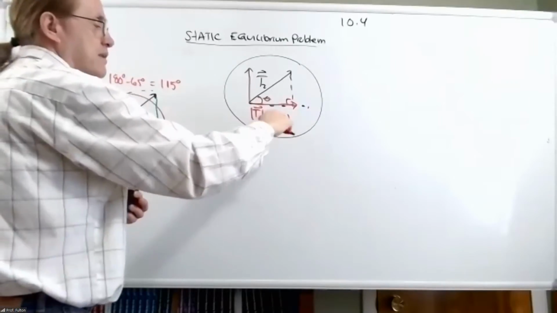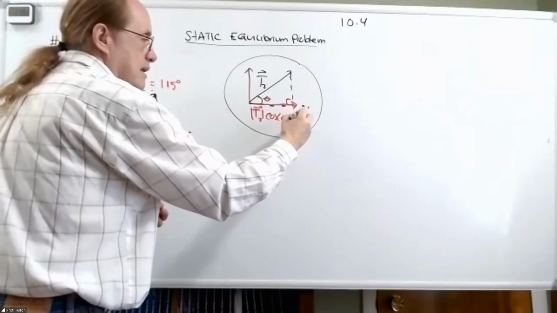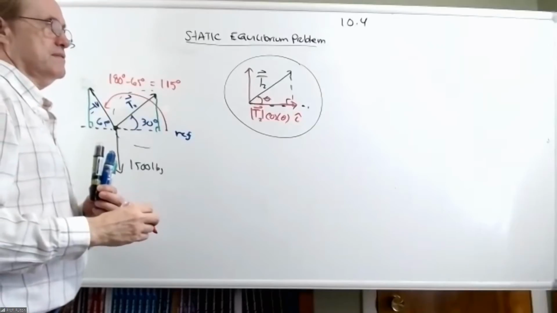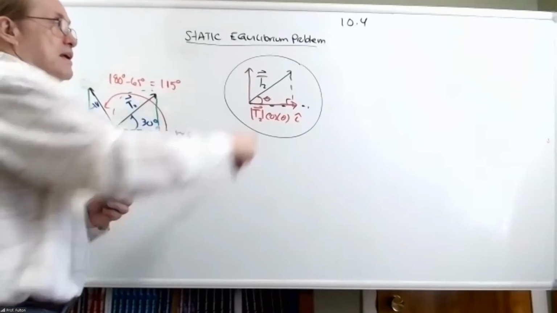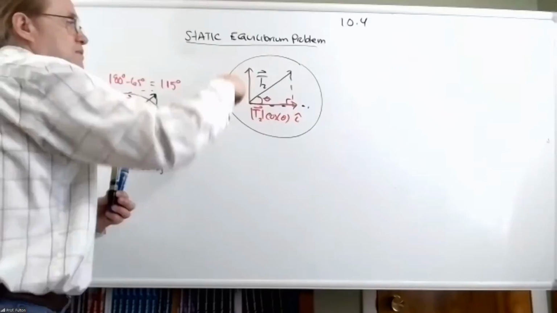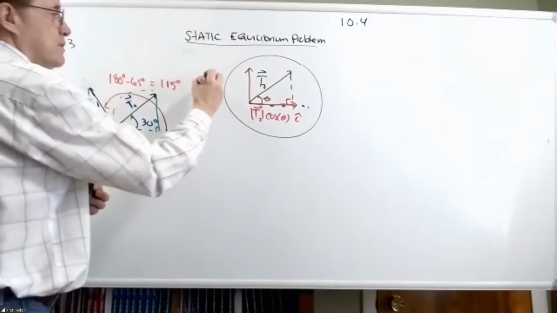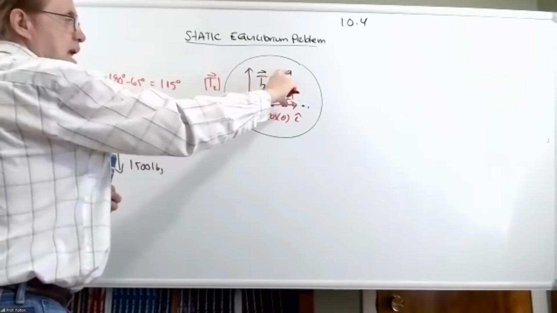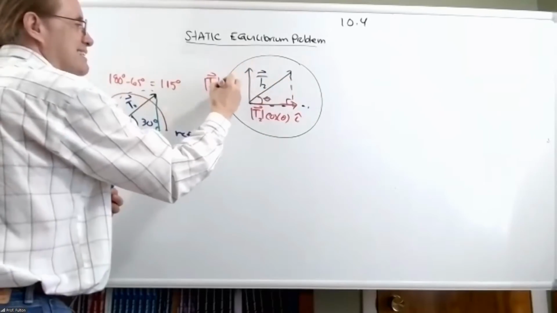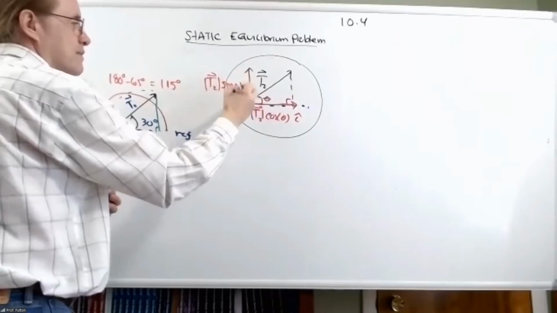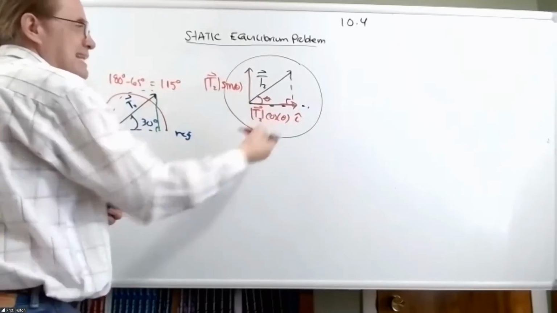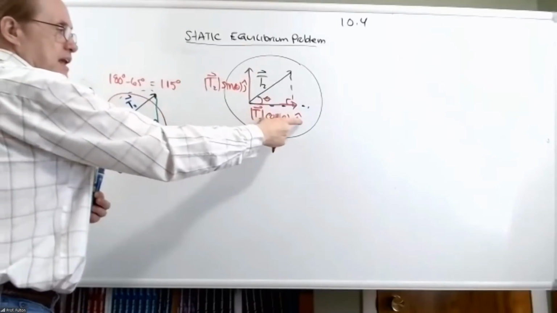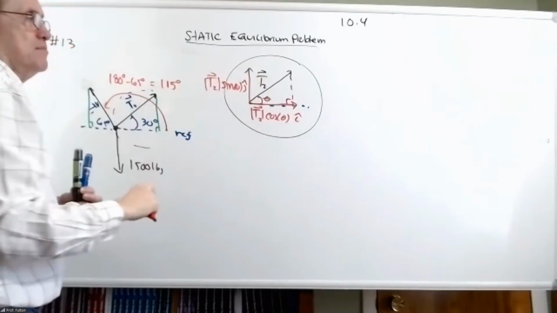I'm going to write it in the i direction, the horizontal direction. The magnitude of this vector over here, well, it's pointing upwards. So I start with the magnitude of T2, but that component is the magnitude of T2 times the sine of theta in the j direction. So I have a vector that has a horizontal and a vertical component.